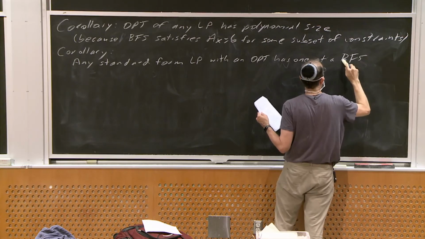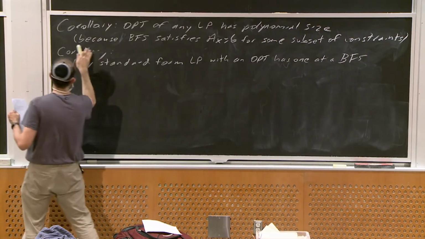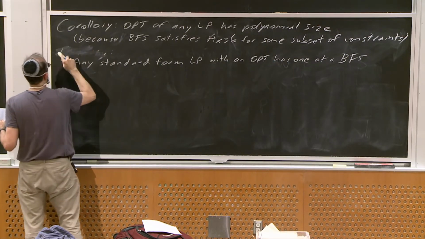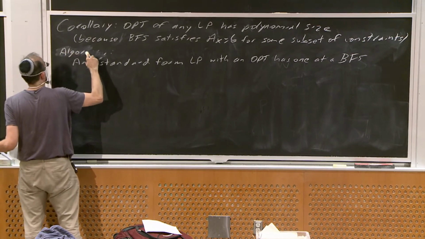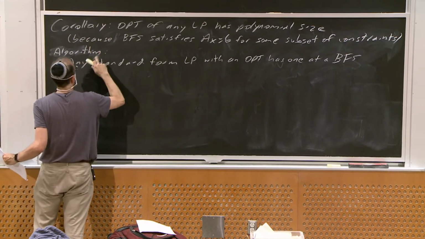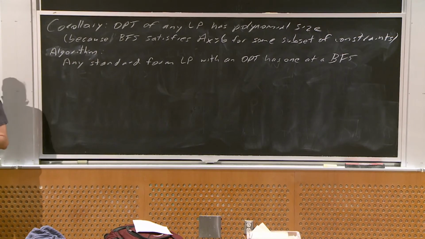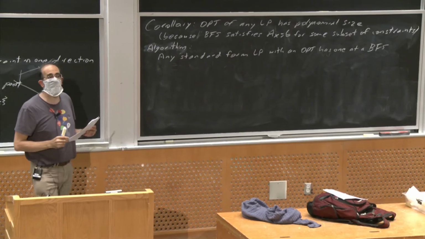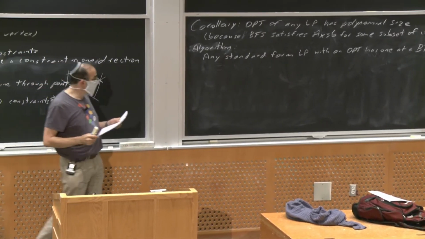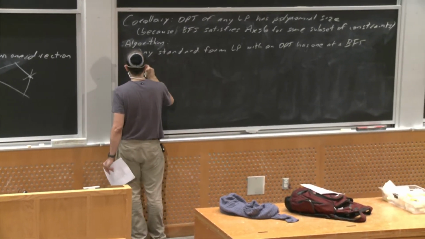Sorry, I shouldn't write this as a corollary. This is more about an algorithm. So I argued over here that these are equivalent, but now let me give you an algorithmic reason that we can equate these.